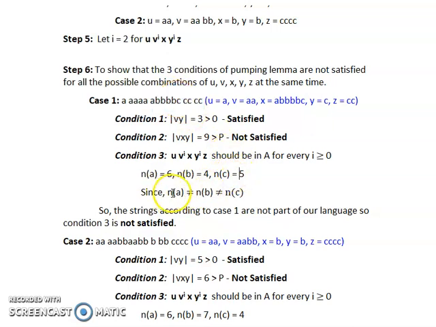So we find that the number of a is not equal to the number of b is not equal to the number of c. So the string according to this particular case 1 is not a part of our language. So condition 3 is not satisfied.